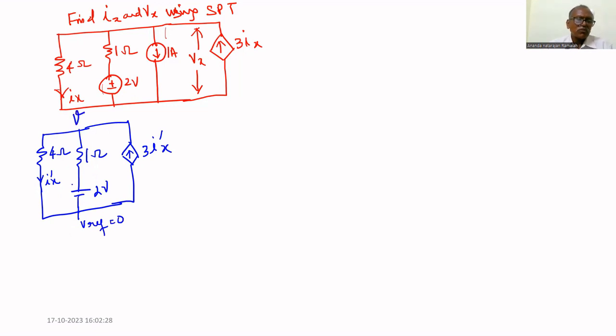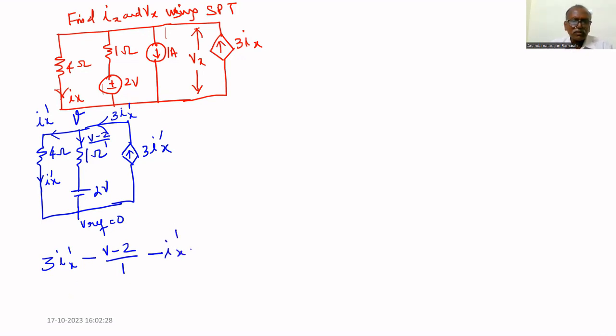This is V. Writing the nodal equation: the current through this path is 3Ix dash, and the current moving out through this path is (V minus 2) divided by 1. The current through this path is Ix dash. Therefore, writing KCL, incoming current 3Ix dash minus (V minus 2) divided by 1 minus Ix dash.